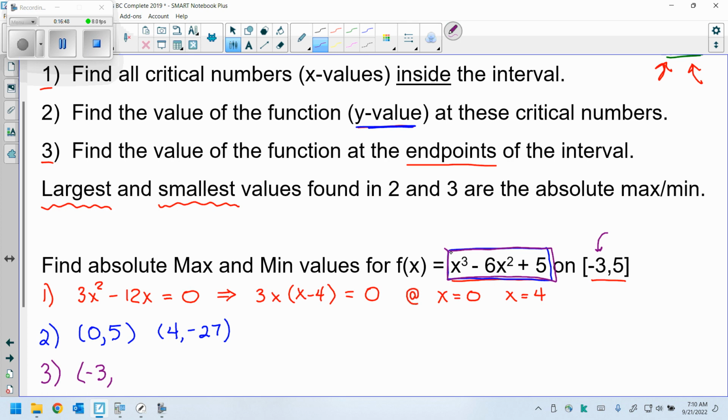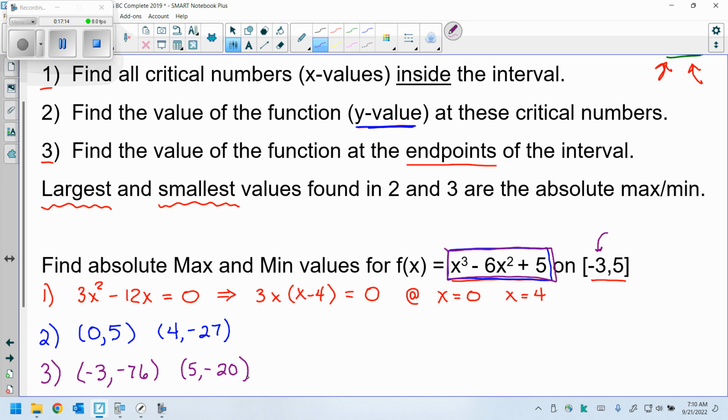Why don't you press pause, you find those values, I'll find those values, we'll compare. Okay, that's what I got.